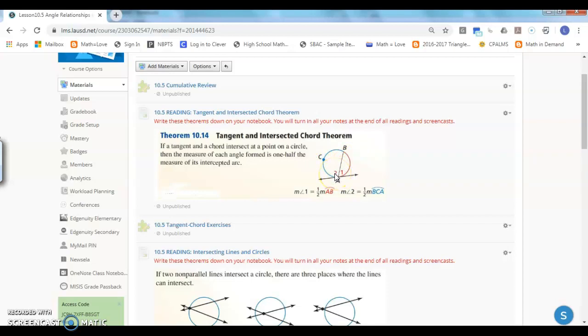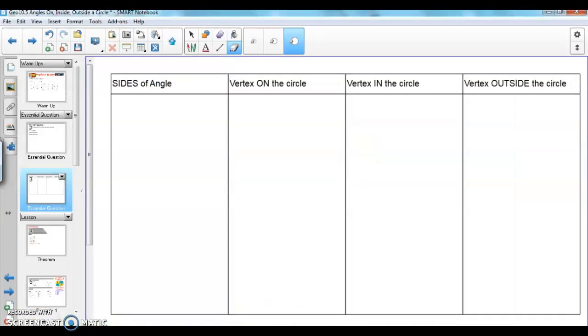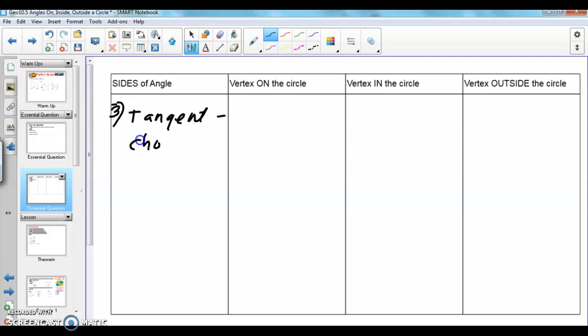So what we're going to do now is go back to your graphic organizer and record what we learned about this theorem. We're in number 3 now, which is about the sides of an angle formed by a tangent and a chord.